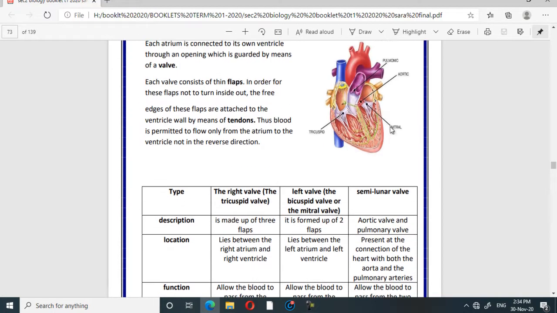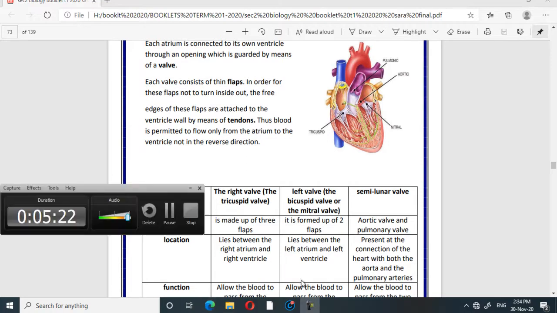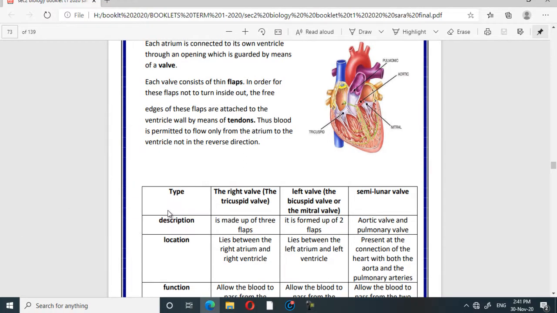Here is the function of the valves. As you see in the image, the left side of the heart has a valve between the atrium and ventricle called the mitral valve. The other side has a valve called the tricuspid valve, which has three flaps, and the mitral valve has two flaps.